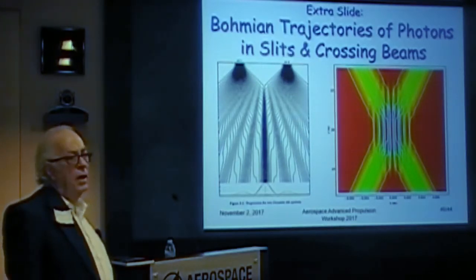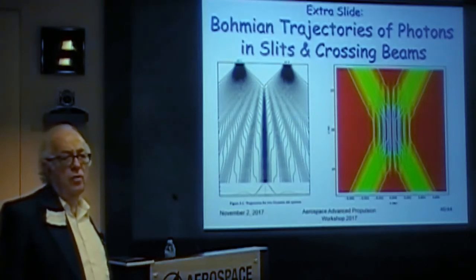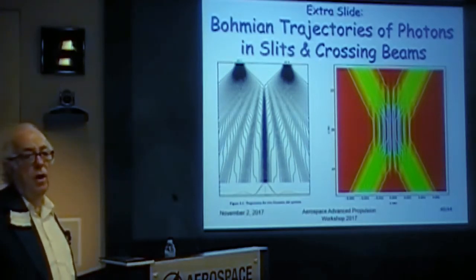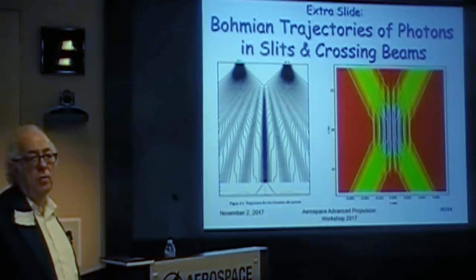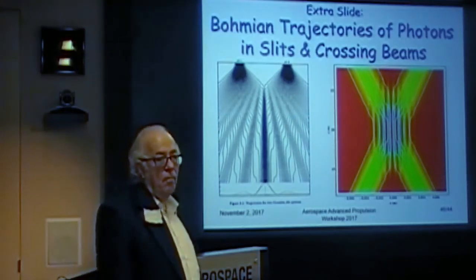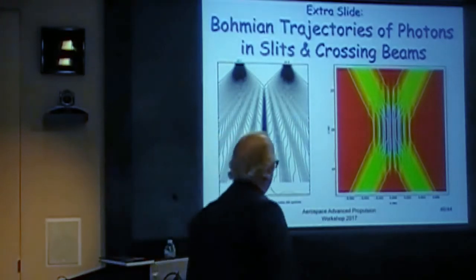So I think the claim that you're seeing Bohmian trajectories can't be right, because weak measurements would not allow you to see a Bohmian trajectory, because they're subject to the uncertainty principle. I'd love to hear Ephraim's response to that. I don't know what he would say.